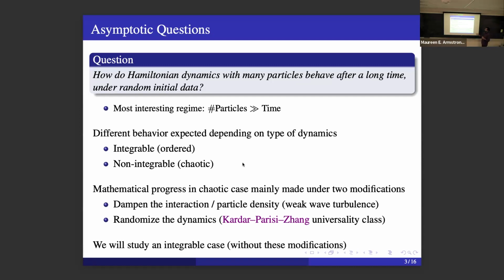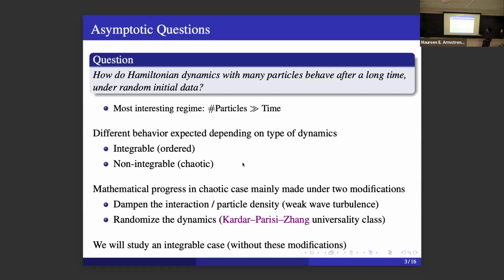Another way of doing this is to tune down the particle density, so you make sure the particles are somewhat spaced apart, so that, as I said before, the interactions between the particles become fewer and get weighed down. So you have a parameter that you're tuning down that governs the interactions. The buzzword nowadays that's taking off is so-called weak wave turbulence. This is one regime in which people have been able to analyze these systems.